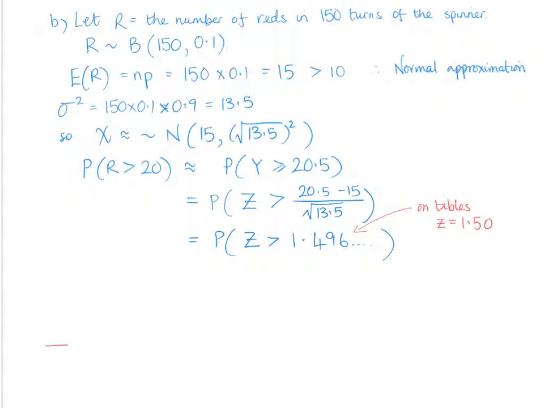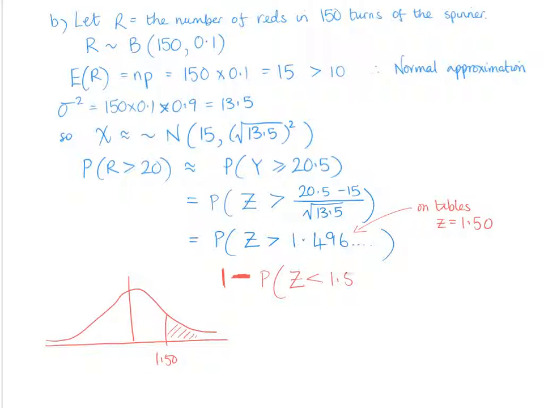So it's 1 minus the probability of Z less than 1.50.